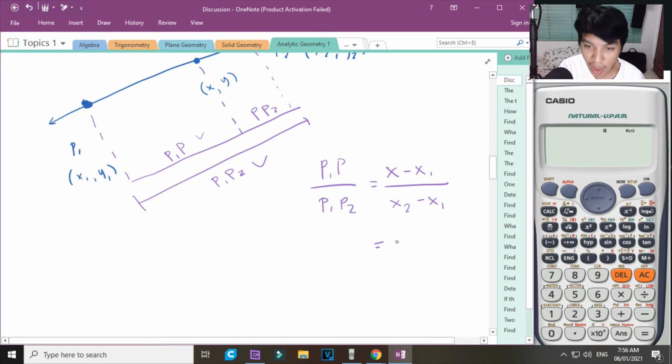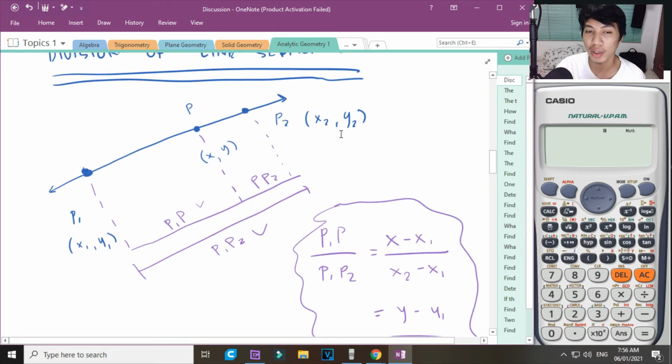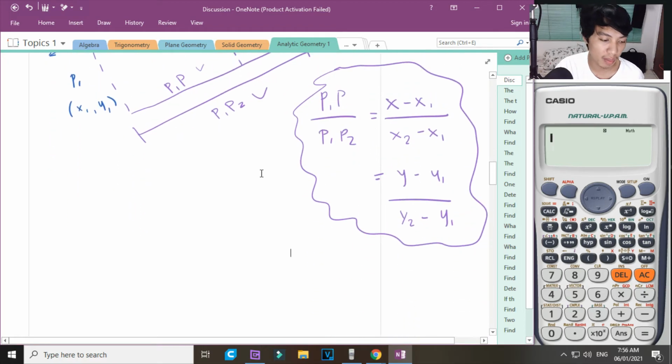Equal din ito saan, sir? Pwede rin gamitin mo yung y. From here up to here. So, y minus y sub 1 over yung y sub 2 minus y sub 1. And that is the formula for your division of line segments. May encounter nyo yan mamaya sa problem sets natin.